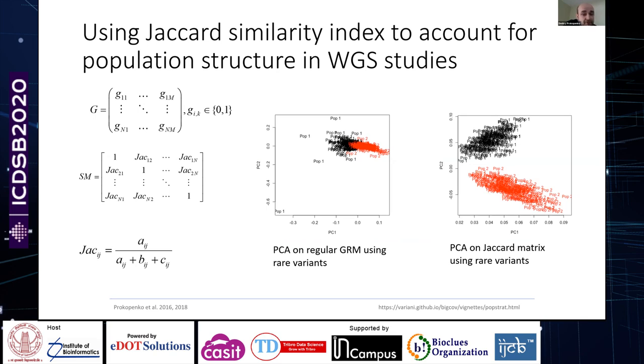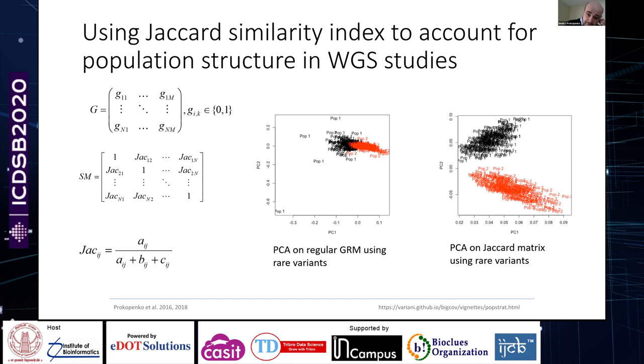If you do this only on rare variants and compare to the regular PCA on the GRM, you see that the Jaccard matrix performs better. The reason is the way it's made: it emphasizes mutual presences in sparse data, which rare variants basically are. It's just a large sparse matrix.